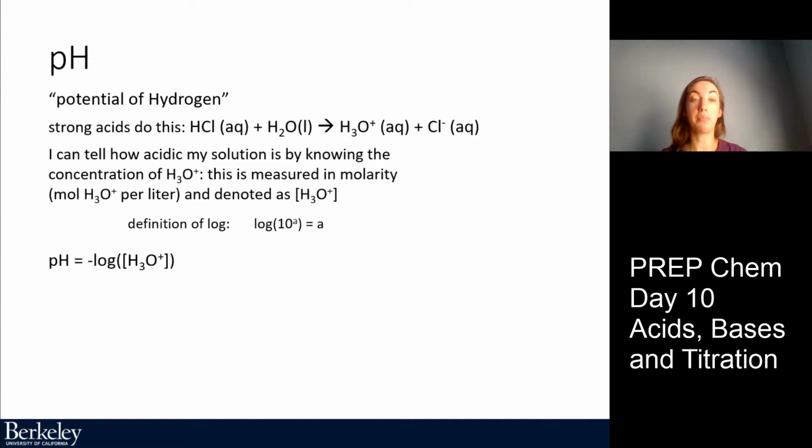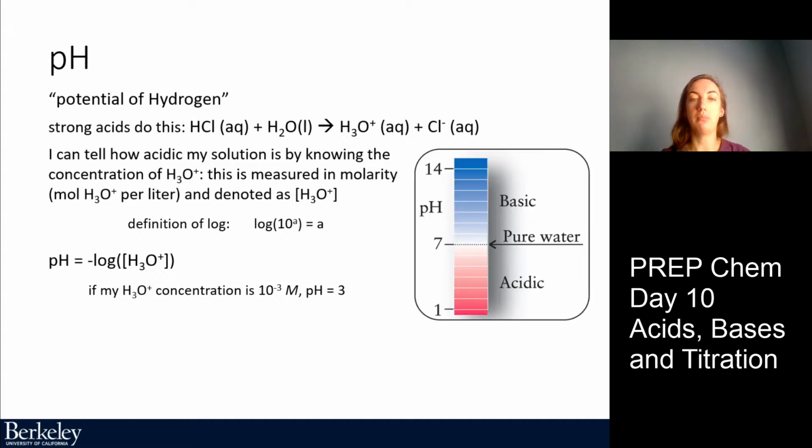So the definition of pH is -1 times the log of the H3O plus concentration. What that means is that if my H3O plus concentration is 10 to the minus 3 molar, so 10 to the minus 3 moles per liter, then my pH will be 3. The log of 10 to the minus 3 is minus 3, and then I'm doing -1 times that.